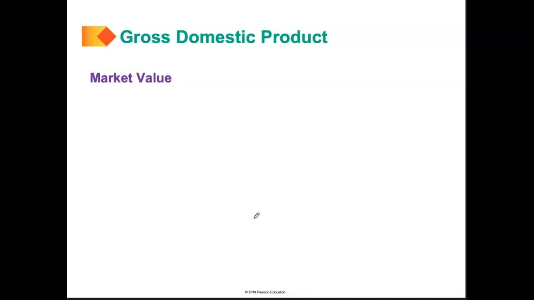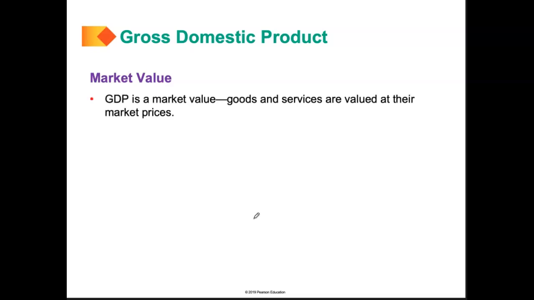Market value is basically the prices at which an item is traded on the market. So if I walk into Walmart and one apple costs $2, that is the market value of the apple.